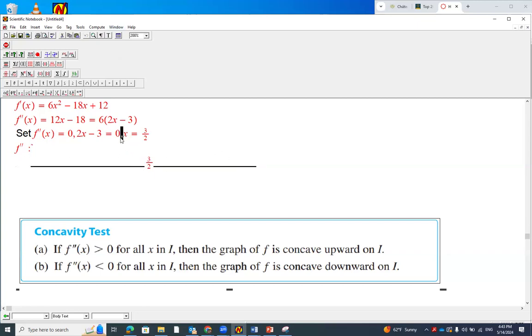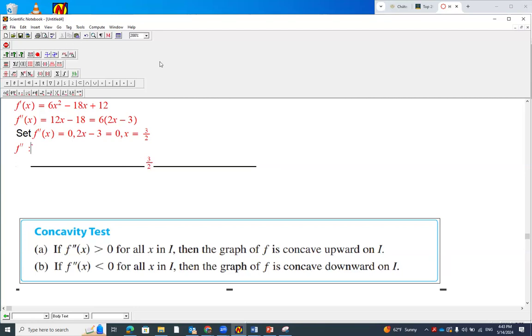If you choose a number smaller than 3/2 and plug it into the second order derivative, what do you get? Think of 0, which is less than 3/2.